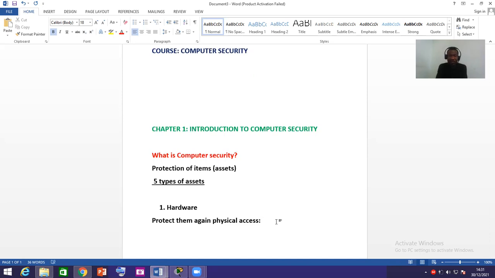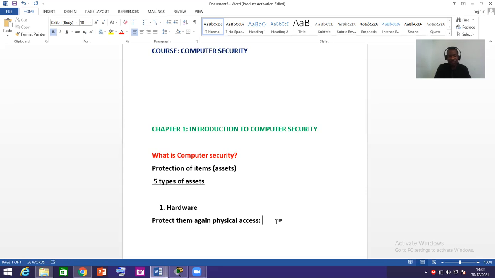Not only computers, because when we're talking about hardware, we have printers, cameras, and network devices such as wireless. Whatever you are using, make sure that nobody can access them physically. Because when somebody can touch your computer, no matter which kind of password you have, somebody can bypass it.